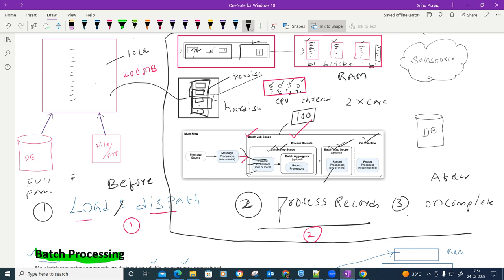The on complete phase is a reporting phase: how many records were successfully executed, how many failed, and so on. So we get parallelism, with four blocks executing in parallel. And we get a fine-grained error handling mechanism by defining one step for handling the failure records.